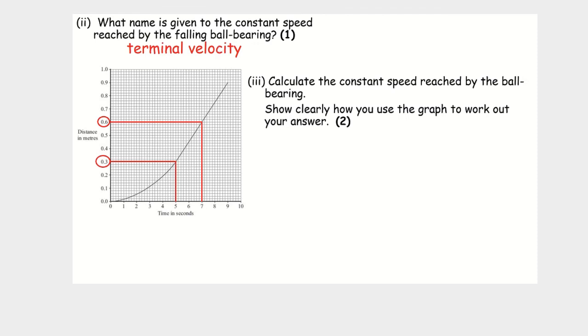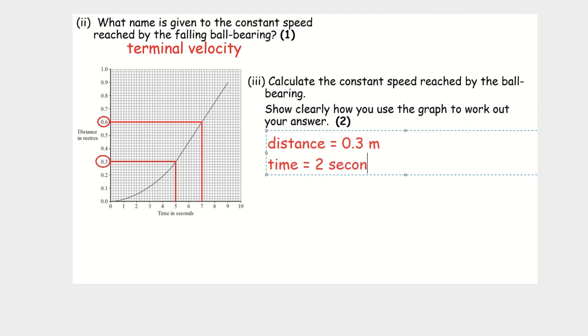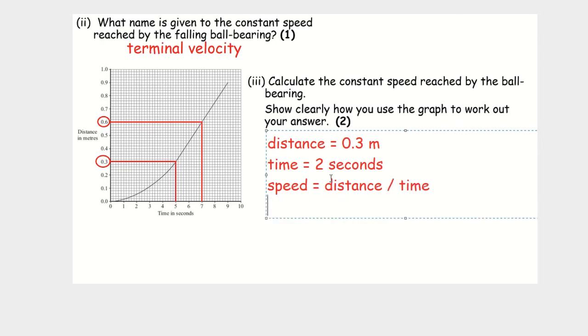So I can now write down my working here. So that's the distance equals 0.3 meters. My time is going to be 2 seconds. I would then write down my velocity or speed, it's being asked for here, equals distance divided by the time, and I then insert my numbers.